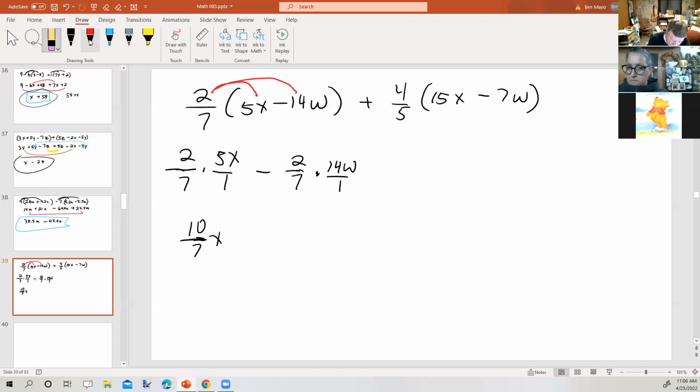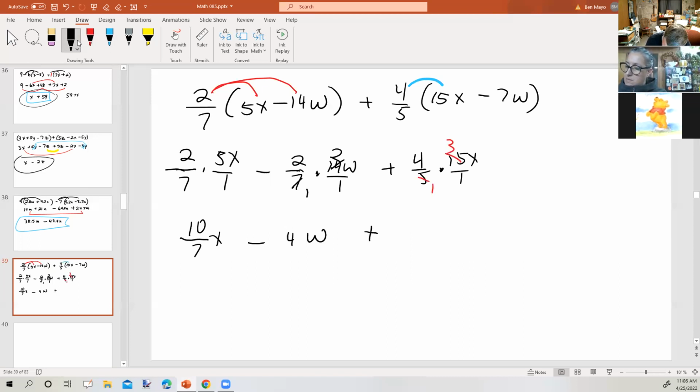Now this I could reduce down. 14 over 7 is 2 over 1, so we get minus 4w. Let's clean that up a little bit. So far, so good? Okay. Plus 4/5 times 15x over 1. The 15 over 5 is 3 over 1.